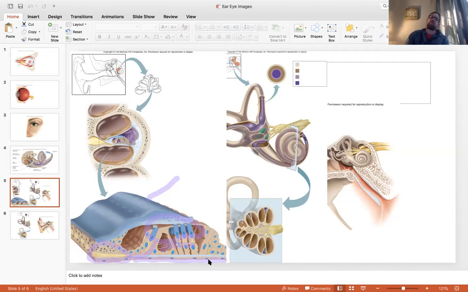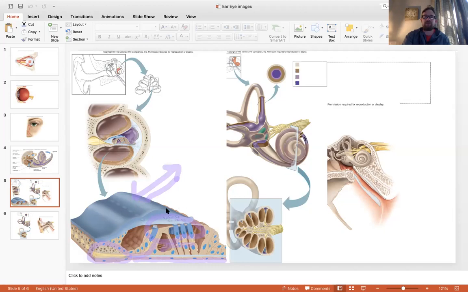So how does this work? The sound waves are moving through these two chambers, the vestibuli and the tympani, and they're bouncing off the inside of those chambers. When they do, it causes the tectoral membrane to shift back and forth.